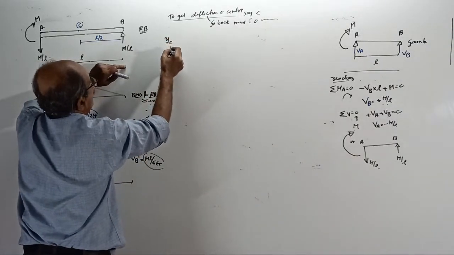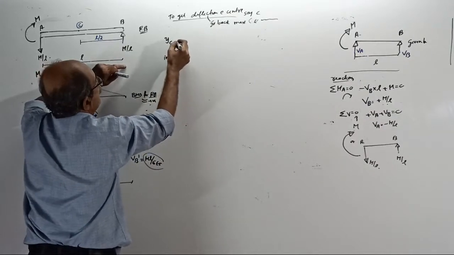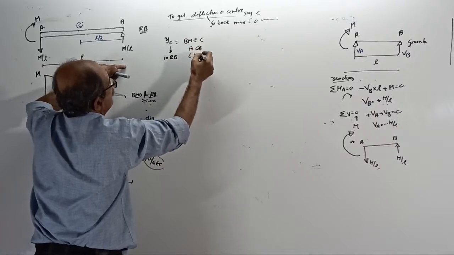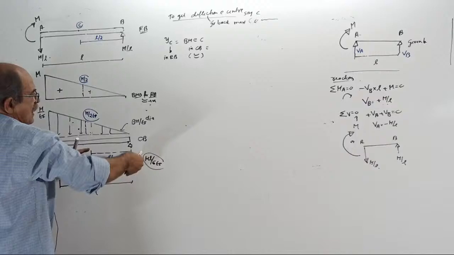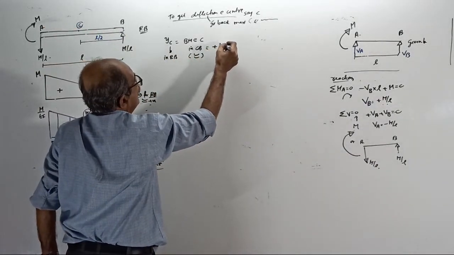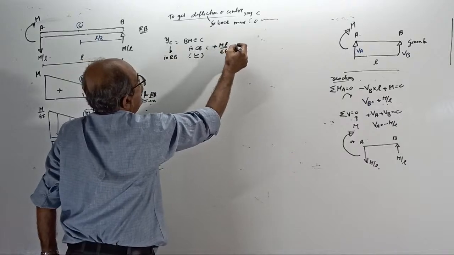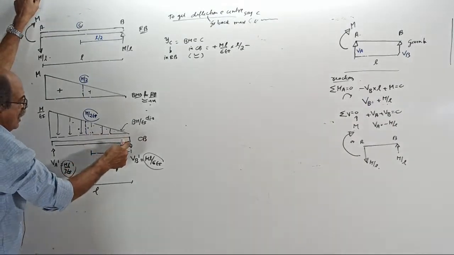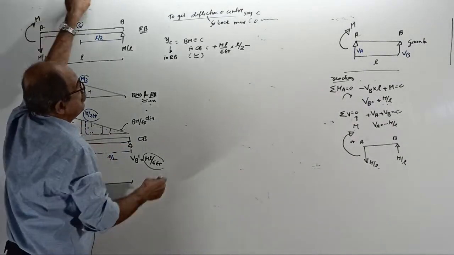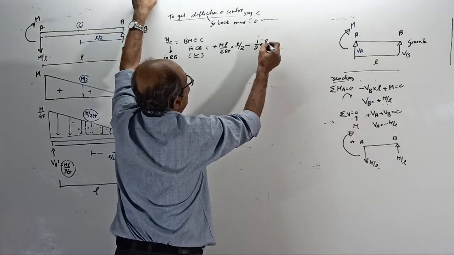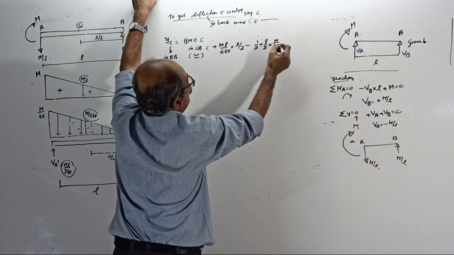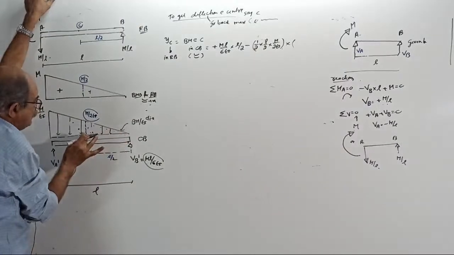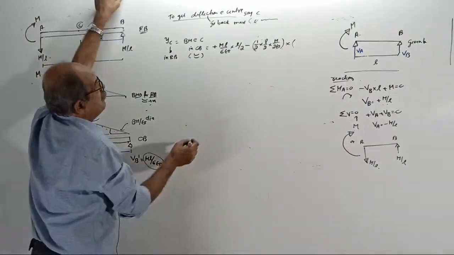Deflection at center down in the real beam equals the bending moment at center in the conjugate beam, sagging positive, equals ML by 6EI into L by 2, minus the moment of only this much load: half into L by 2 into M by 2EI is the total load, into the moment of this load about this point, which is 1/3 of L by 2.